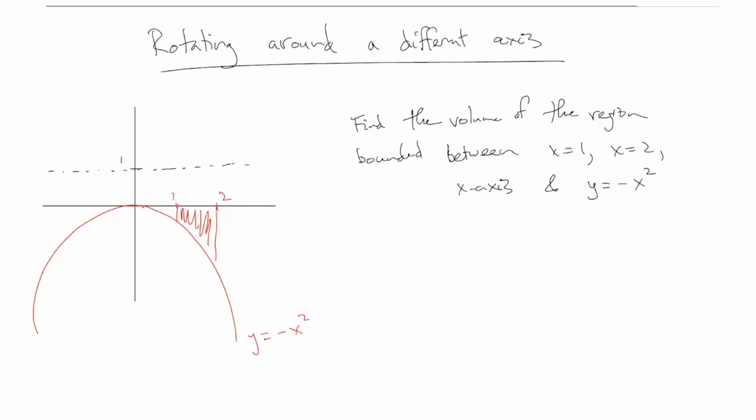So this is, in words, how I would describe this shaded region here. It's between x equals 1 and x equals 2, and the x-axis, and y equals negative x squared. And I want to revolve around the line y equals 1. That's this dotted line that I wrote here. All right?